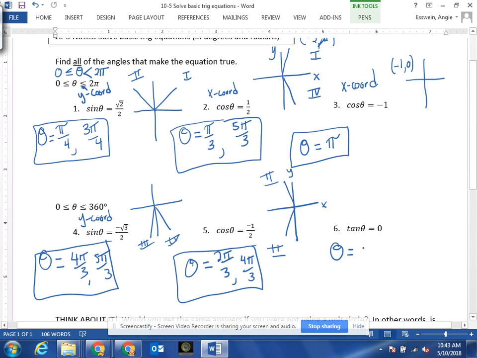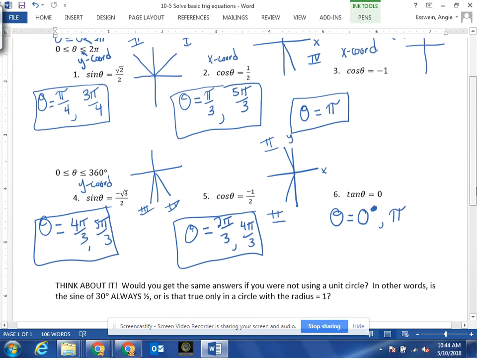Just pi or 0 degrees, right? 0 degrees and pi. Oh, sorry, gosh. 0 radians and pi, because we're doing it in radians. So 0 radians and pi radians. We wouldn't include 2 pi again because we want the answers between 0 and 2 pi.